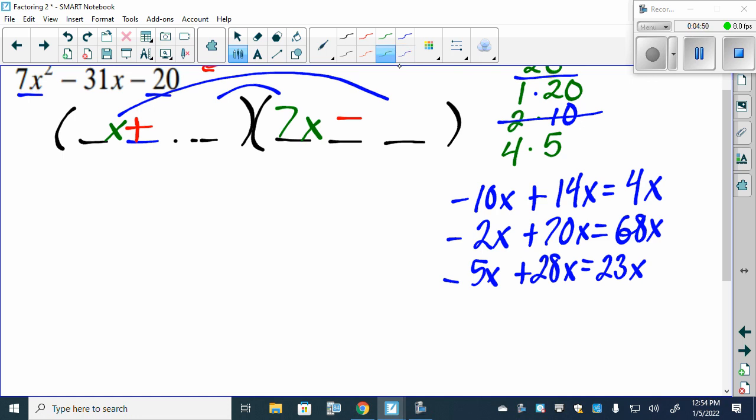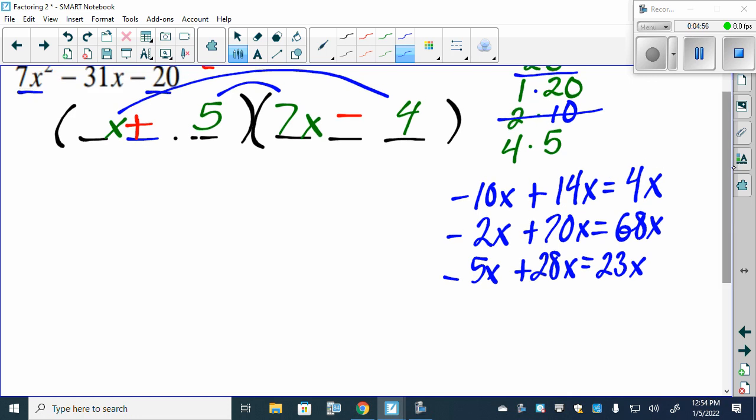Plug it back in with 5 and 4, and I think this actually has got it, because x times negative 4 is negative 4x. 5 times 7x is plus 35x. Negative 4x plus 35x is 31x.